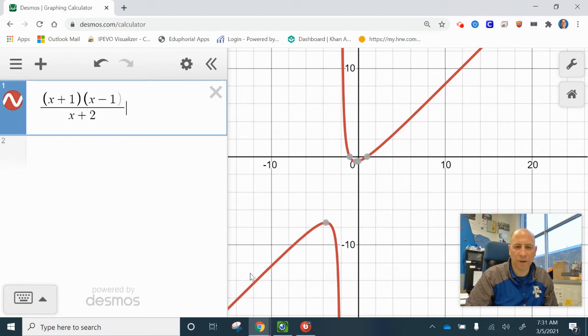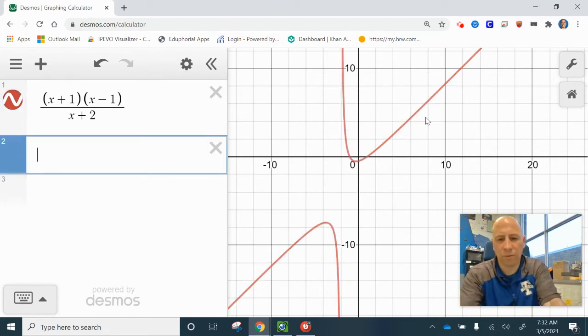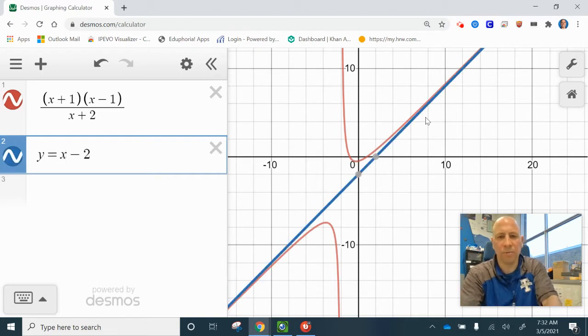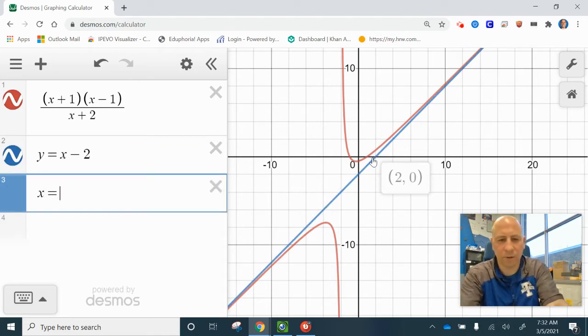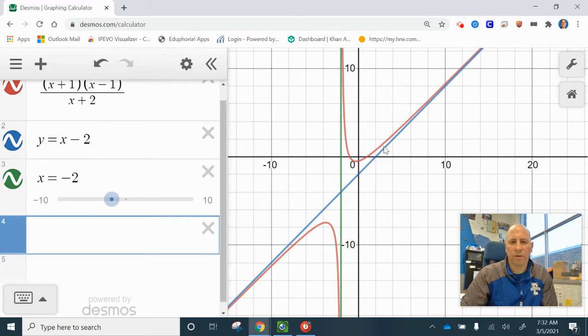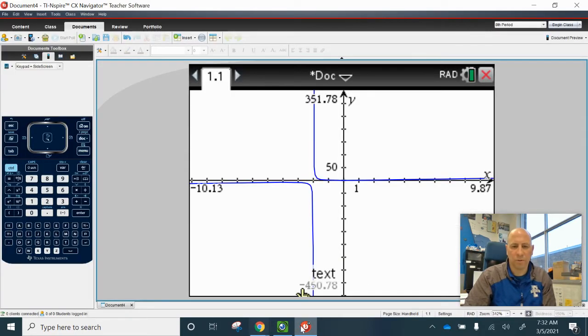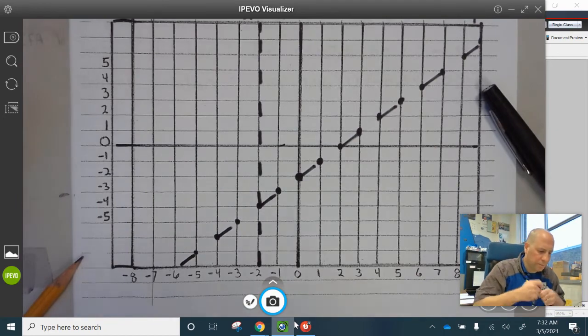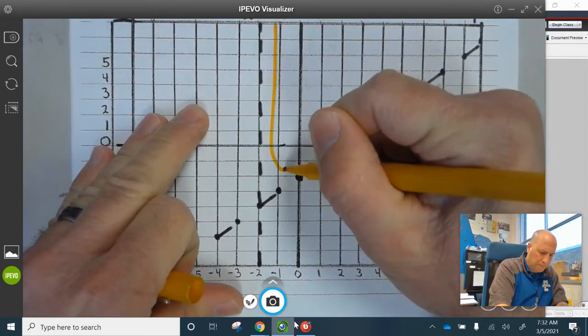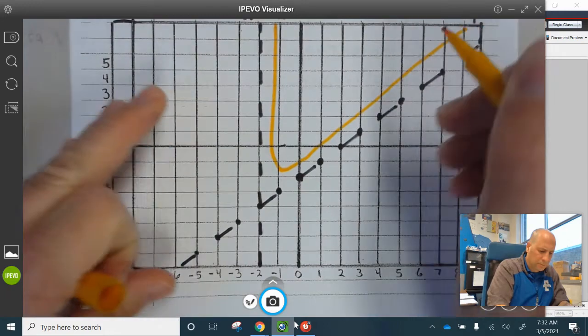So you can kind of see here's where the slant asymptote is. Okay, and it might help if you graphed y equals x minus 2. So you can see where the asymptote is. And then if you graph also x equals -2, you can see it's a little easier. So it lies between the asymptotes here and here. Okay, so if I can get back to the page, we know our curve is right here. And here.